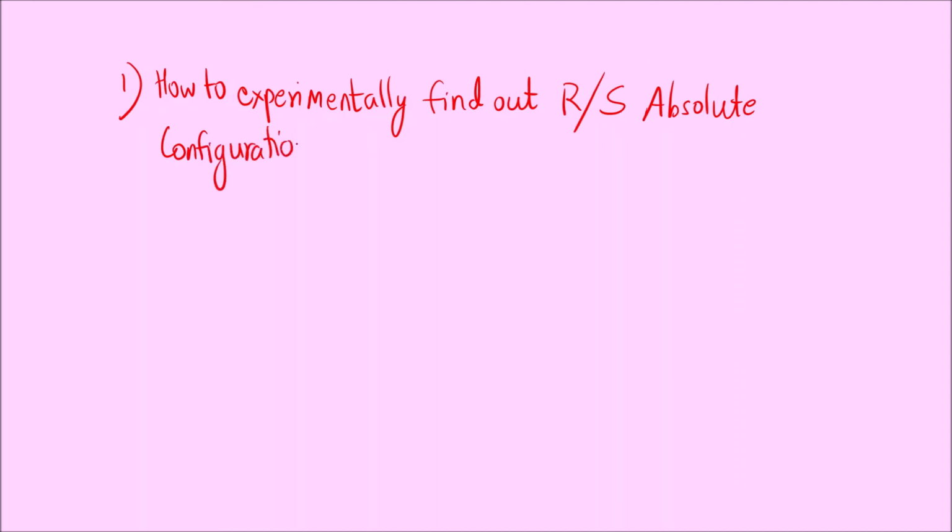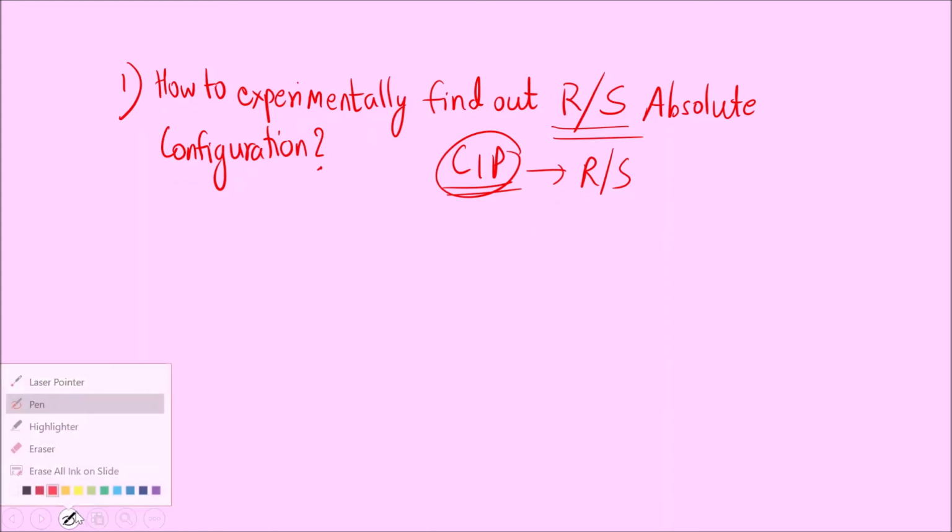When I give you the structure of the compound, it is very easy to use CIP rules, or Cahn-Ingold-Prelog rules, to find out the R/S nomenclature. But suppose I give you an unknown drug and tell you to find out whether it is R configuration or S configuration. How do we do that?